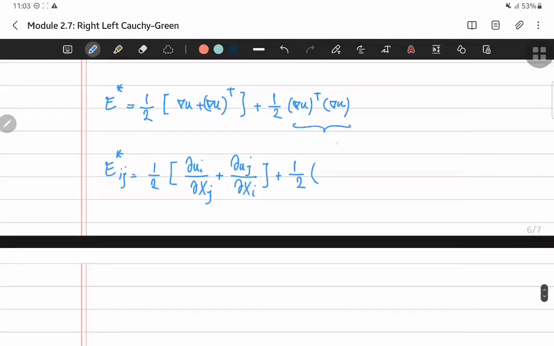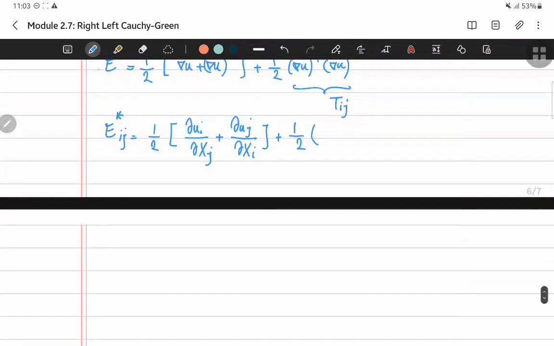And remember, here you have to get something like Tij, a second order tensor, where this term has the same indices in here. So you have two free indices here, ij.